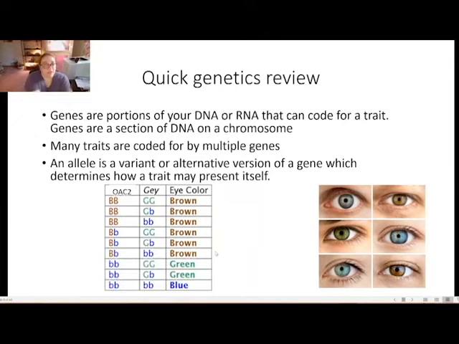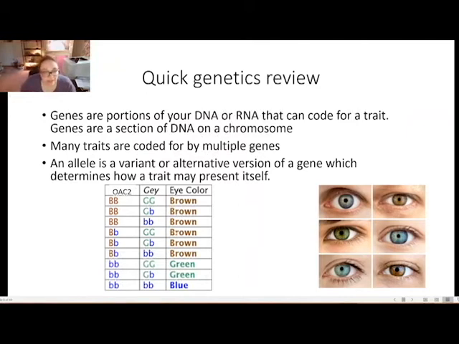Now for eye color, we're looking at multiple different genes. So we have OCA2 and GEY, and you can see there's actually different levels of dominance. So even though there's 2 big G's and 2 big B's, we still got brown. And that's because brown is the most dominant. It is more dominant over G, over green.